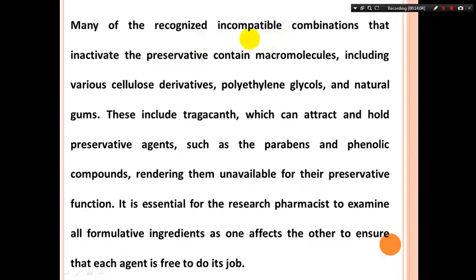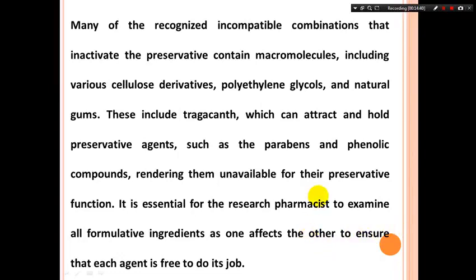An example of the incompatibility that occurs between the preservative and other formulative materials: various cellulose derivatives, polyethylene glycol and tragacanth can attract preservatives like parabens and phenolic compounds, and thus these preservatives become unavailable and cannot protect the product from microbial growth.